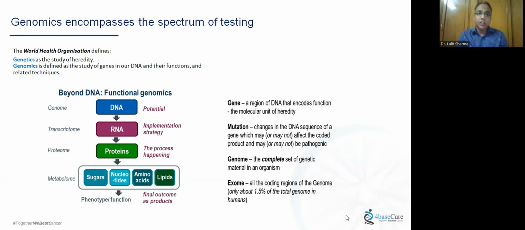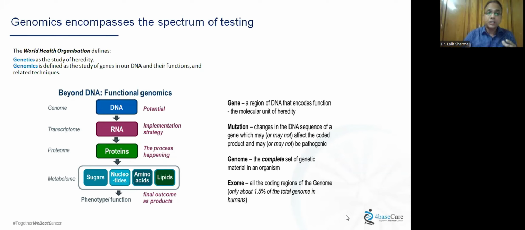So basically, to start with, the genome is something which has the potential. This is translated into the transcriptome, that is the RNA. Now, this is somewhat akin to an implementation strategy. This implementation strategy further translates into the proteome, that is, the vivid number of proteins expressed after this RNA is implemented.